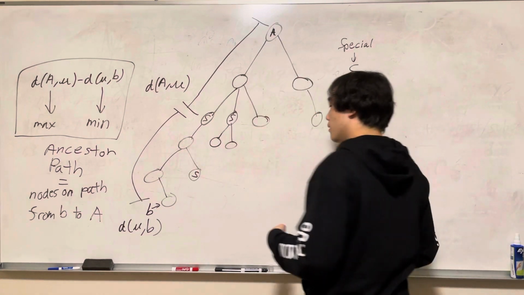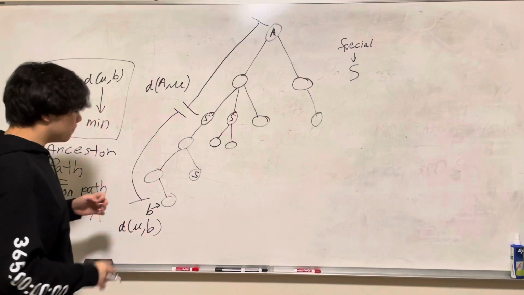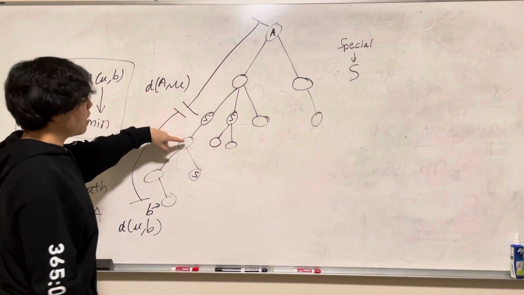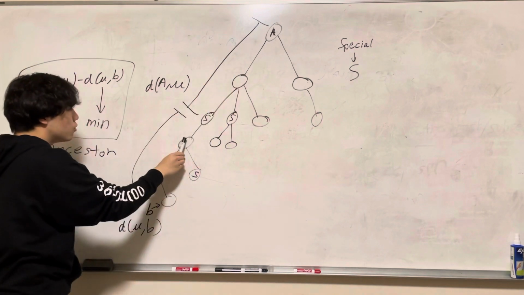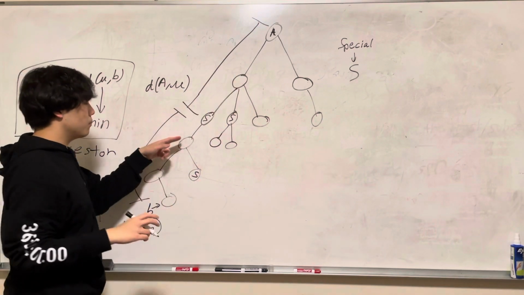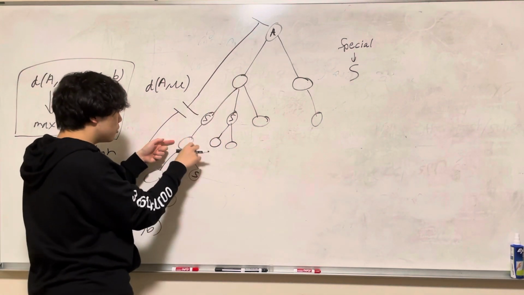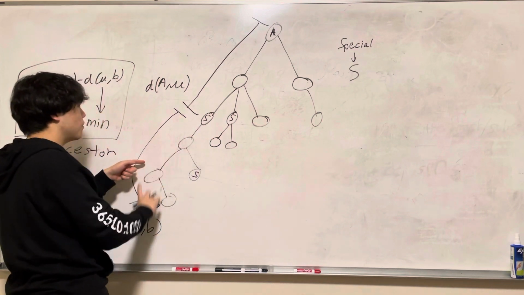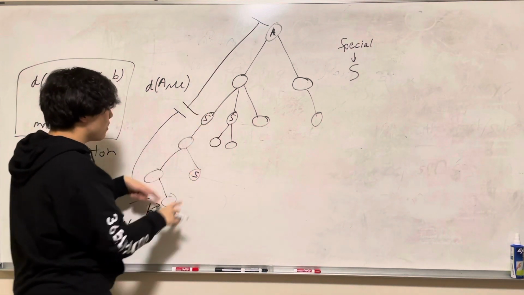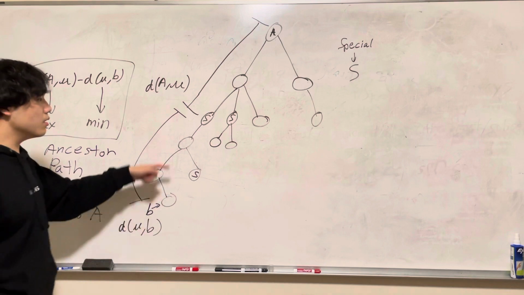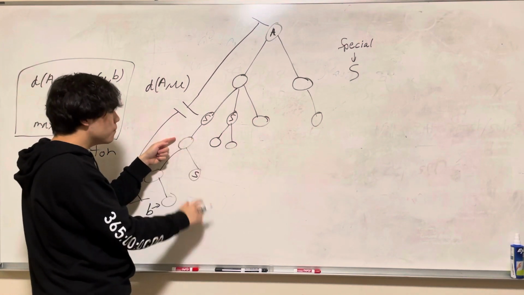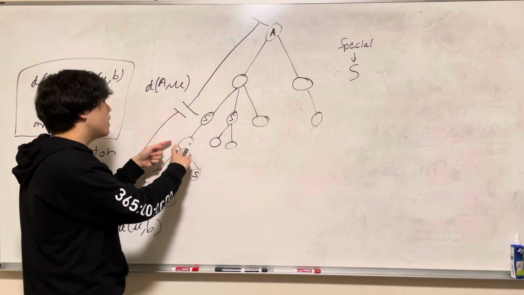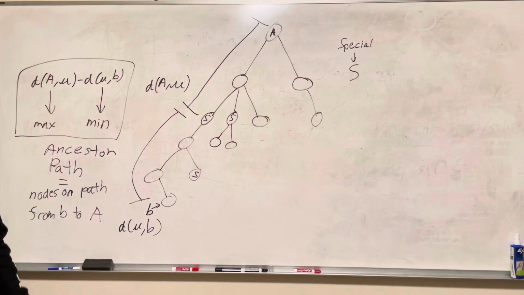But notice that this path goes from A to this ancestor node, and then it goes somewhere into its subtree that's off of this ancestor path. And then when we retrieve the distance from U to B, however much distance we went into this subtree, we have to come back out of it, and then we continue along the same path.